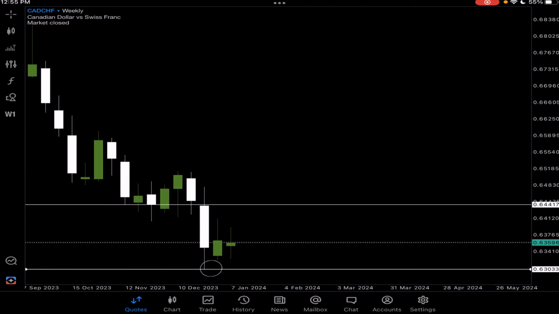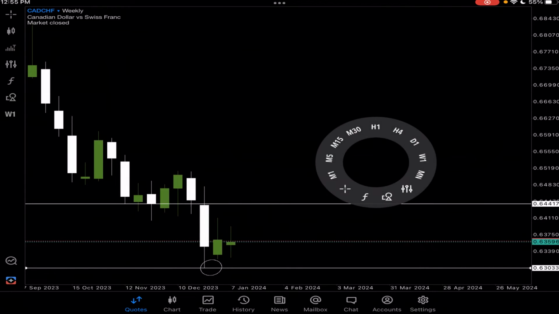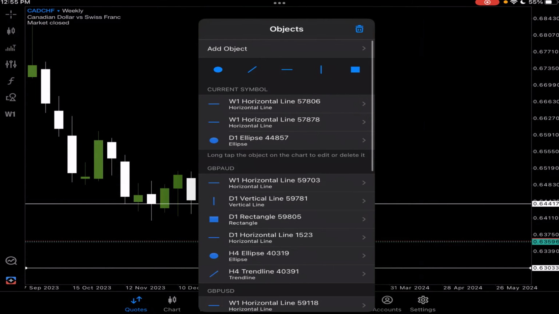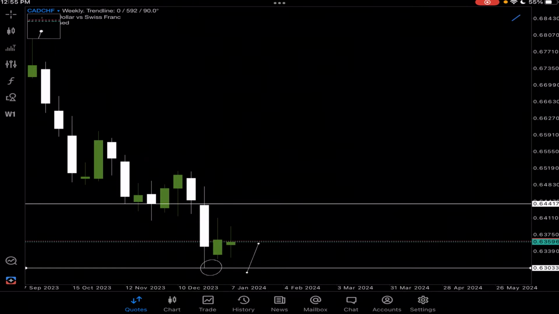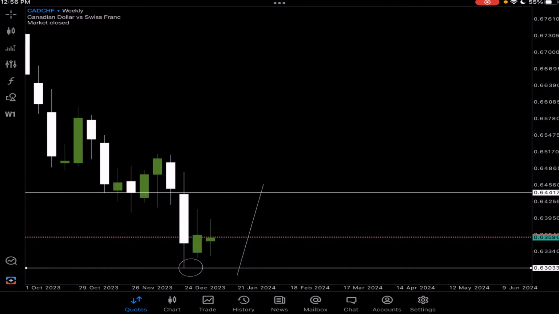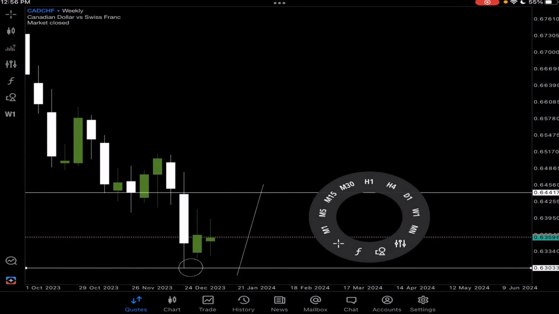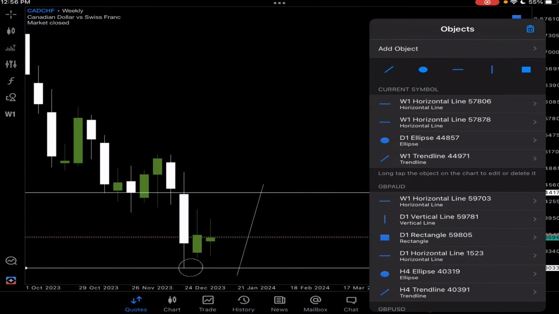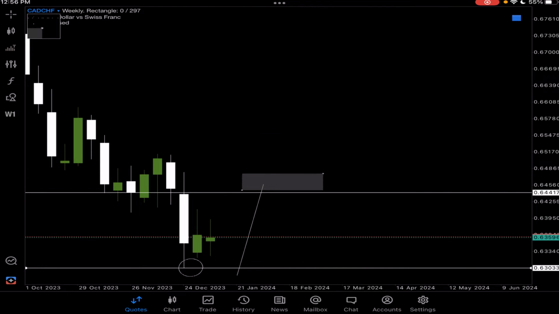You wait for price to trade where exactly, and I've already marked where I want to see this price trade to. So this is a weekly time frame. Trades in this area. Now, do you see this price level? You can record this price level, that is 0.64417. So around this area, I am waiting for CAD CHF to trade in here.